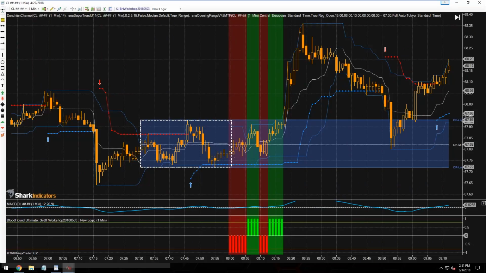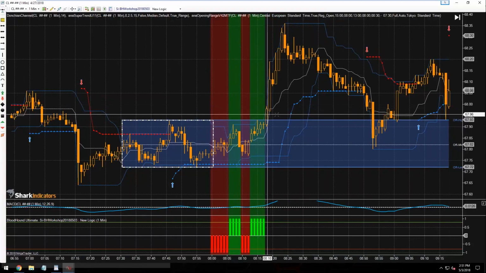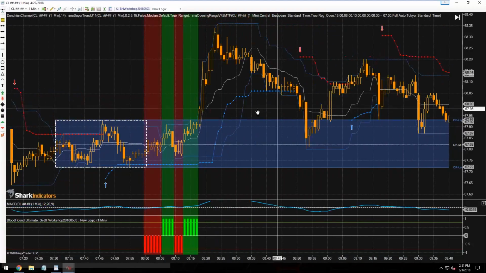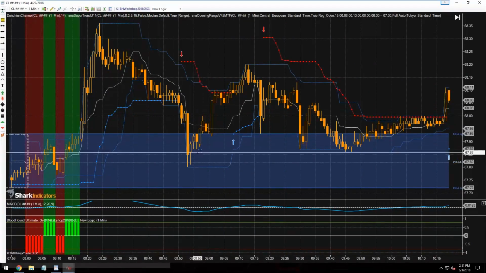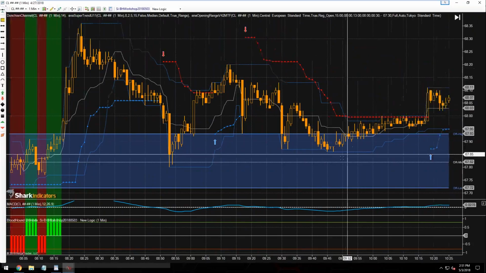So we can see price chopping around a little bit, right? Looks like it might go short, looks like it might go long, short, long, and then we get that long breakout. Great, and no more signals. Even though price still comes inside of our range, no more signals for the rest of the day.